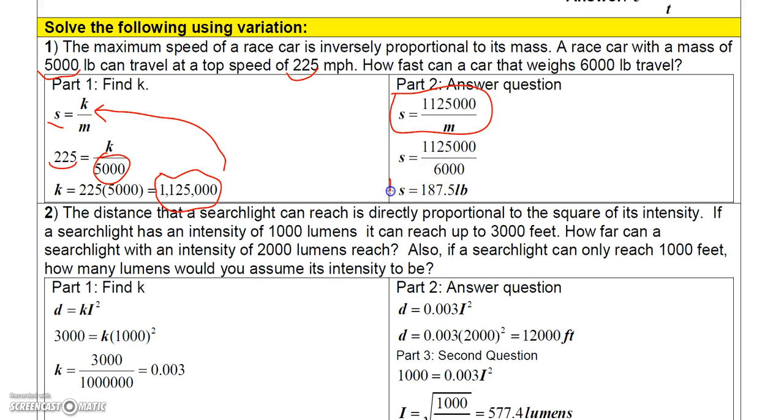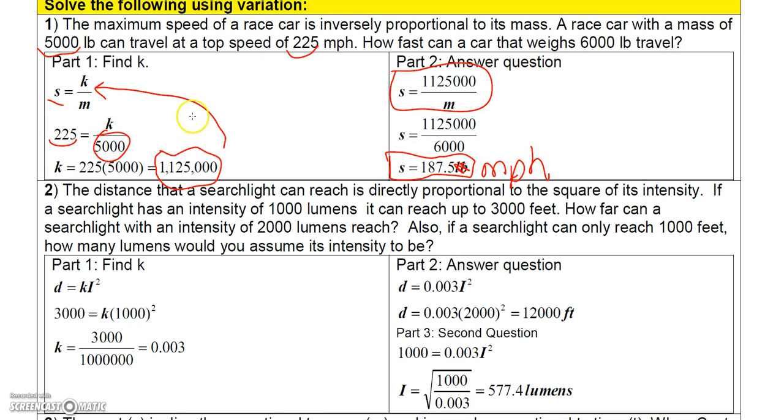If you divide that out on a calculator, you get 187.5, and by the way, that shouldn't be pounds, that should actually be miles per hour. So you get 187.5 miles per hour.